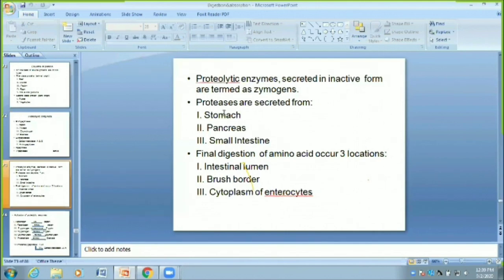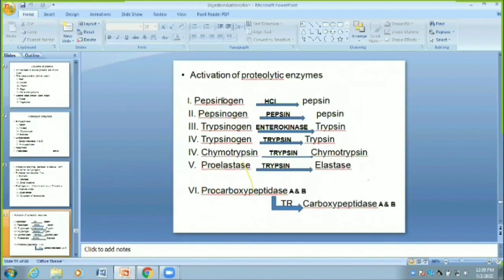Proteases, meaning proteolytic enzymes, are secreted from the stomach, pancreas, and small intestine. Final digestion of protein to amino acids occurs in three locations: intestinal lumen, brush border, and within enterocytes.